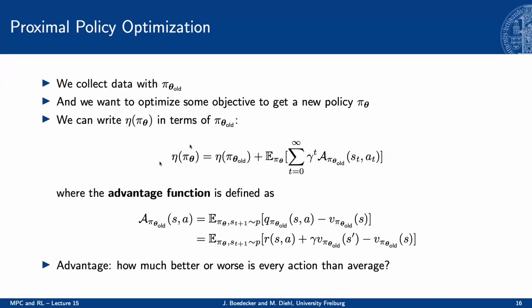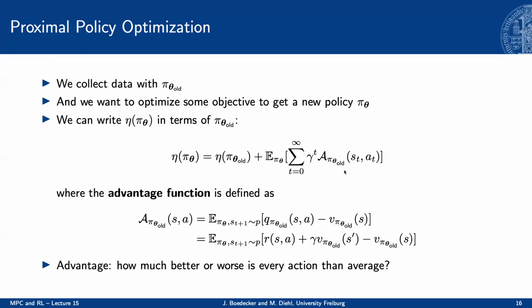It turns out that you can decompose the objective that's depending on the new policy, the policy with the new parameters, based on the objective value for the old parameters of your policy, plus an expectation with respect to the new policy, the policy with the new parameters, of the sum of the discounted advantage values.